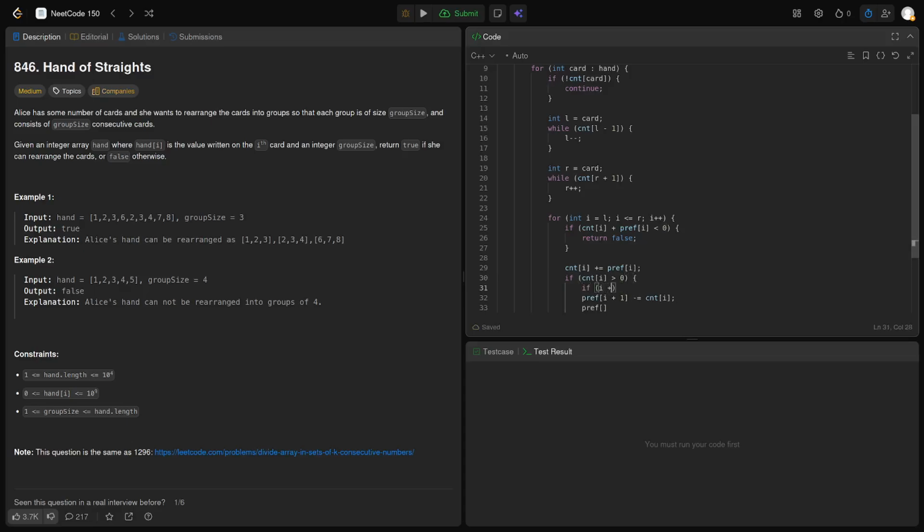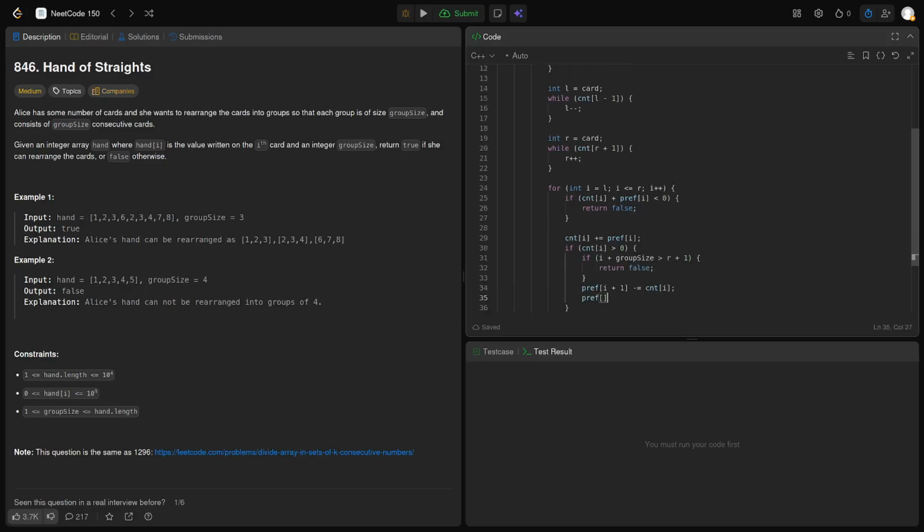Then if i plus group size is over r plus 1, return false, so that goes outside the group, and then i plus equals count.